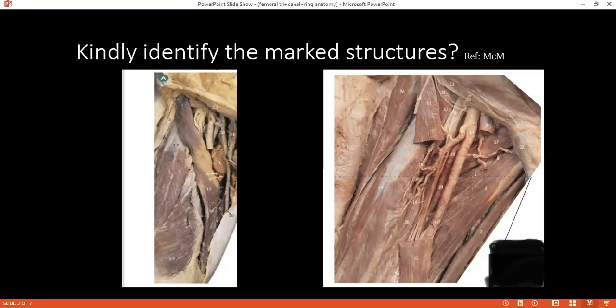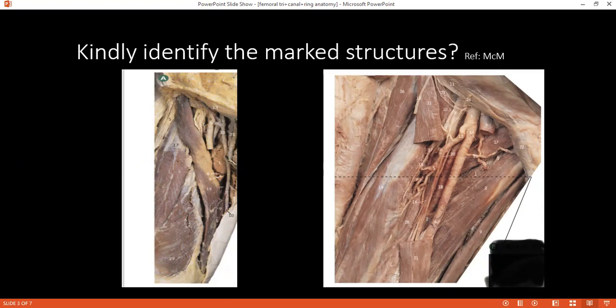All right. Okay. Can you identify these structures from lateral to medial? Lateral to medial is femoral nerve, artery, and vein.